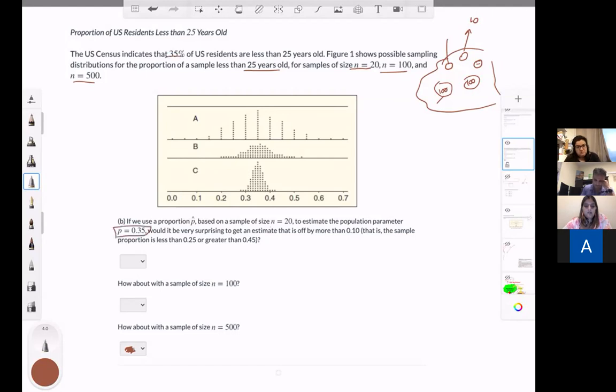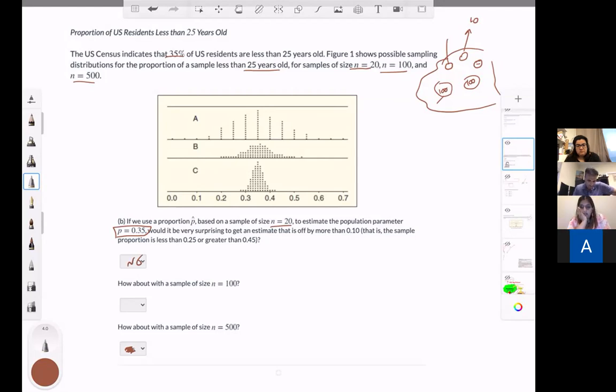But with a sample size of 20, definitely 10% off, we are not going to be surprised. Would it be surprising to get an estimate that is off by more than 10%? No, because with 20 people in our sample, we're going to be very off.